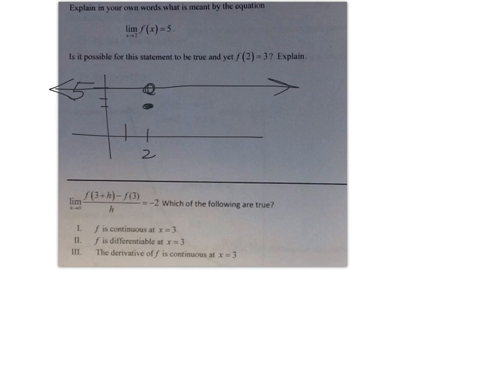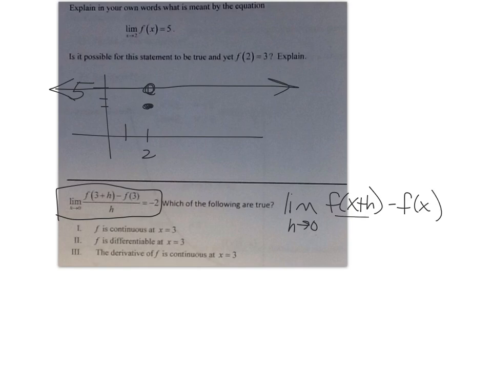Okay, the limit as h approaches 0 of f of 3 plus h minus f of 3, divided by h, equals -2. Which of the following are true? Anytime you see something like this, I want you to write out your limit definition of the derivative. The limit as h approaches 0 of f of x plus h minus f of x, all divided by h, equals whatever value, -2.